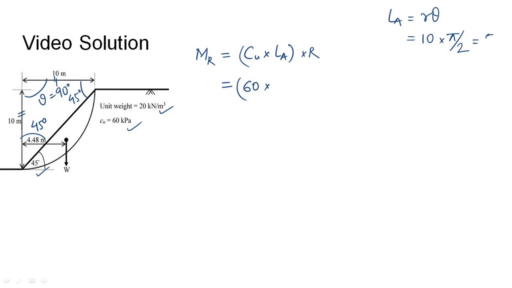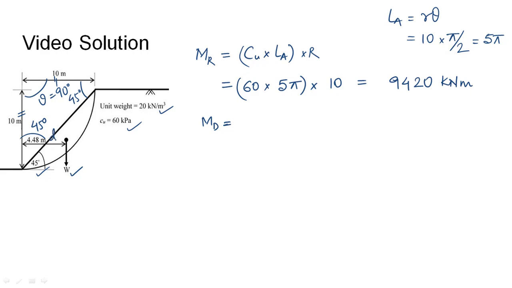This would give the length as 5 pi. Substituting it here, 5 pi into radius, that is 10, we would get the resisting moment as 9420 kilonewtons meter.